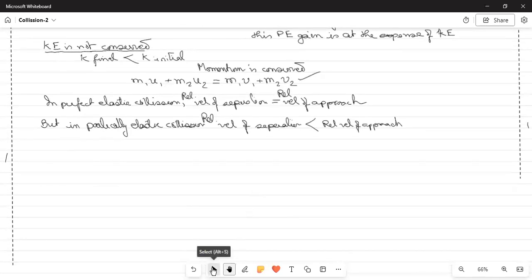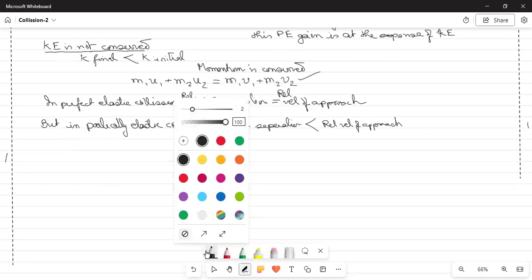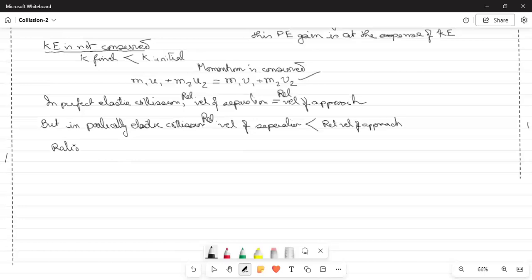The ratio of relative velocity of separation divided by relative velocity of approach is given a new name.